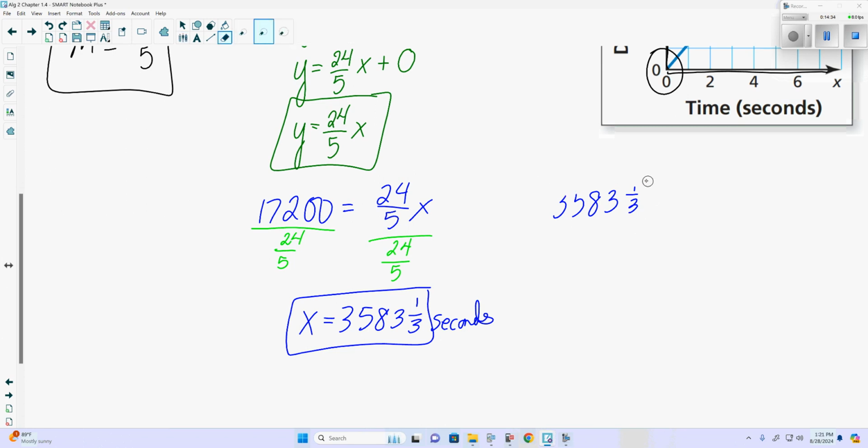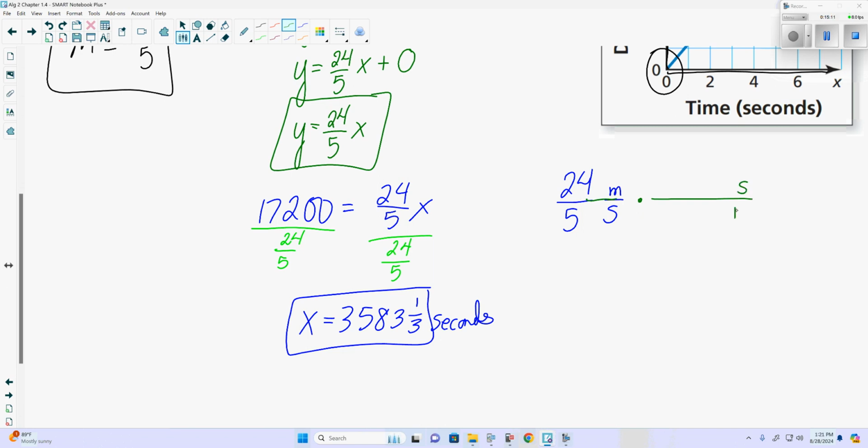What we would be translating for the miles per hour would be, because we have 24 over 5 miles per second, yes? Now this is helpful, especially with unit conversions. Now, we already have the miles, yes? So that's 1. So we have miles per second, yes? But we really need to convert seconds into minutes and minutes into hours.